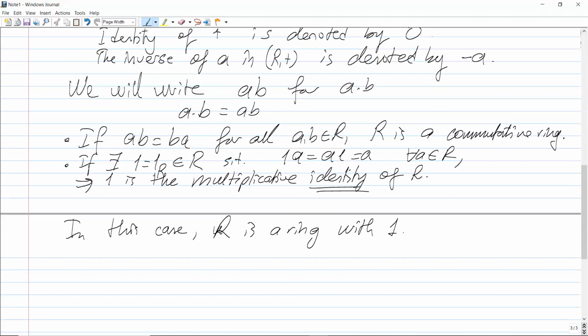So here are some examples, the most important examples to understand what a ring is. The first one is sort of trivial. The integers with addition and multiplication is a ring, which is commutative with identity.